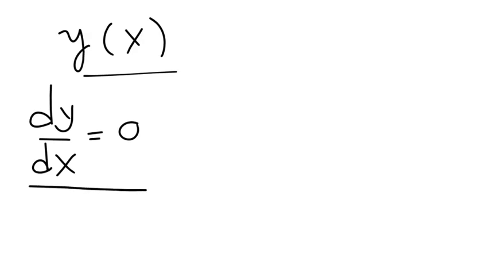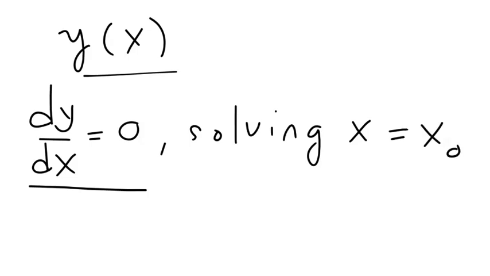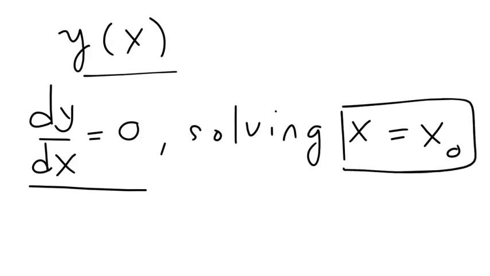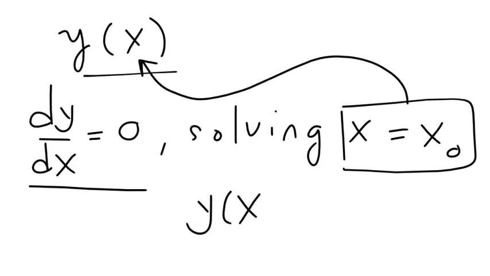By equating the first derivative of y with respect to x to 0, and solving for x, let's say the value of x that makes the derivative 0 is x naught, and by substituting x equals x naught inside the function y, the value of y evaluated at that value of x will give you either a maximum or a minimum value for y.